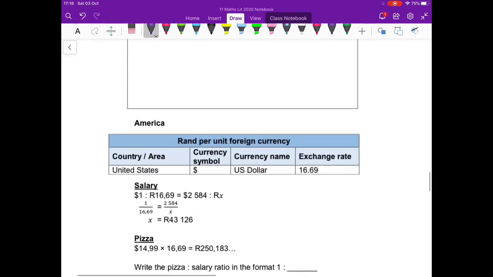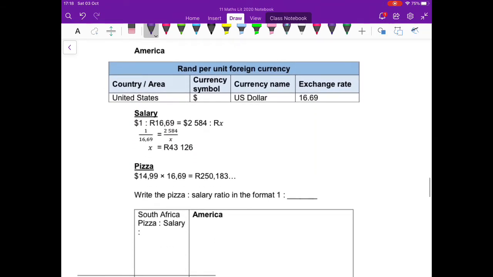Now we need to go and do the same for America. So what I've done here, I've taken the exchange rate table from the last video, and we're again going to use 16.69. Remember, set up your equation, set up your fraction, cross multiply.